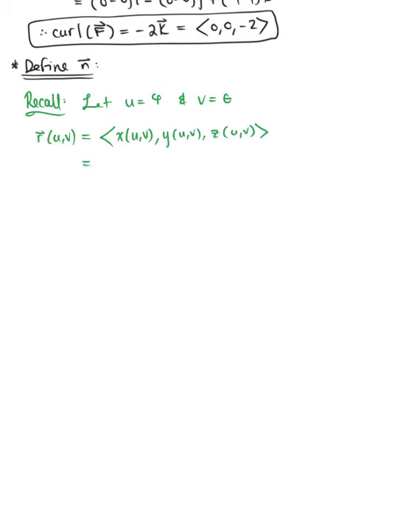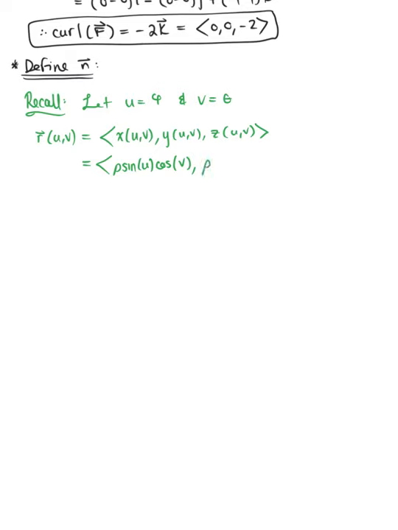Keeping in mind those spherical coordinate conversions, we know that the parameterized x component will be rho sine of u cosine of v.